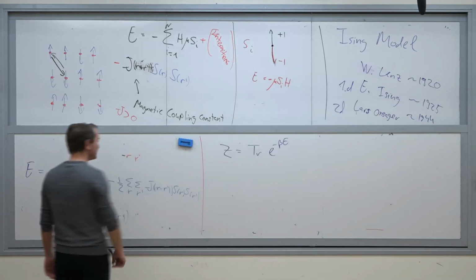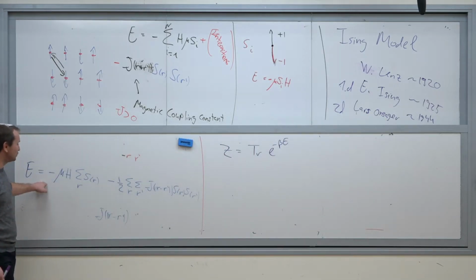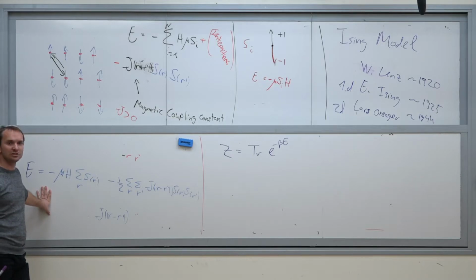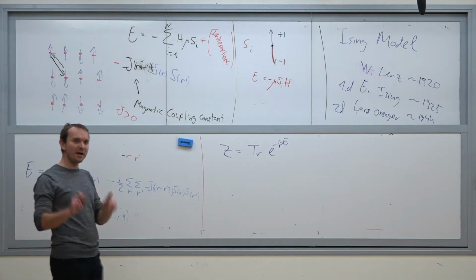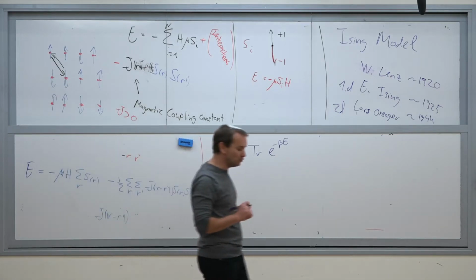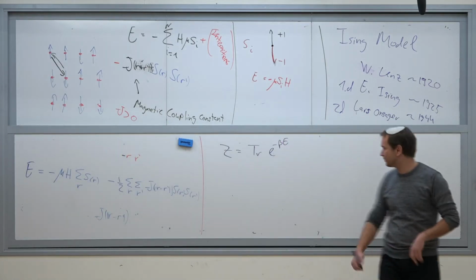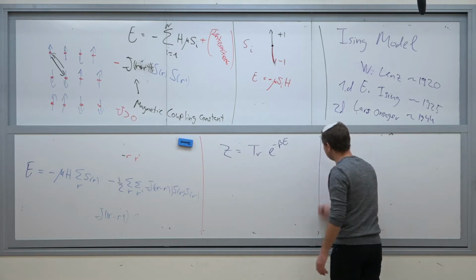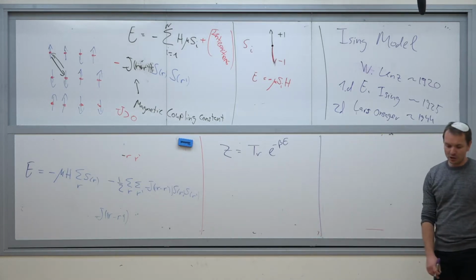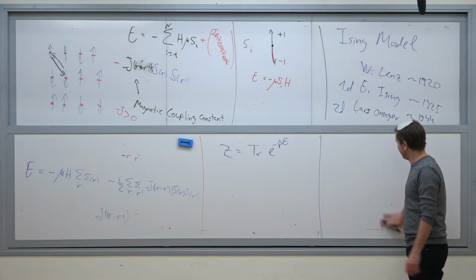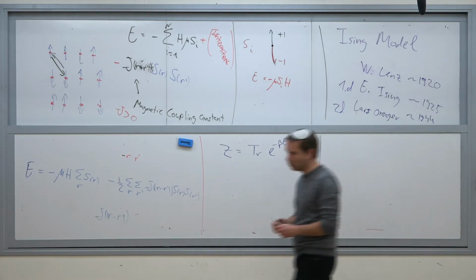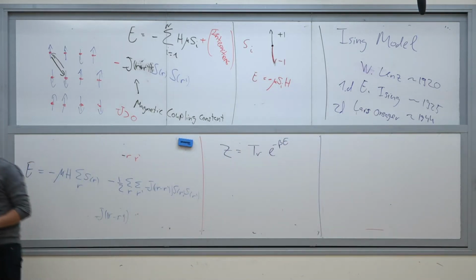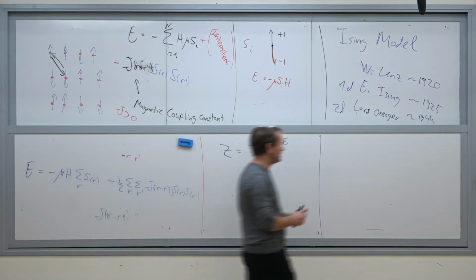Now, what are the eigenstates of my Hamiltonian? I have already written them for you. Those are the different energies. So the eigenstates are the different possible values of all the spins that I have here. Let's take a look at an example. Let's take a 2x2 system, so I have 4 spins in my system, right?